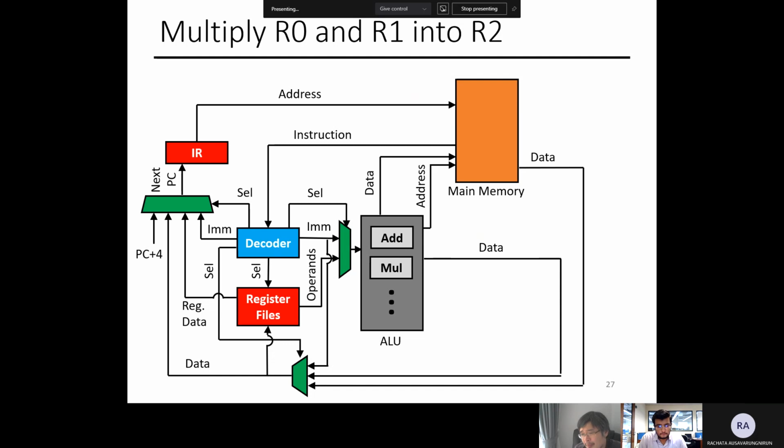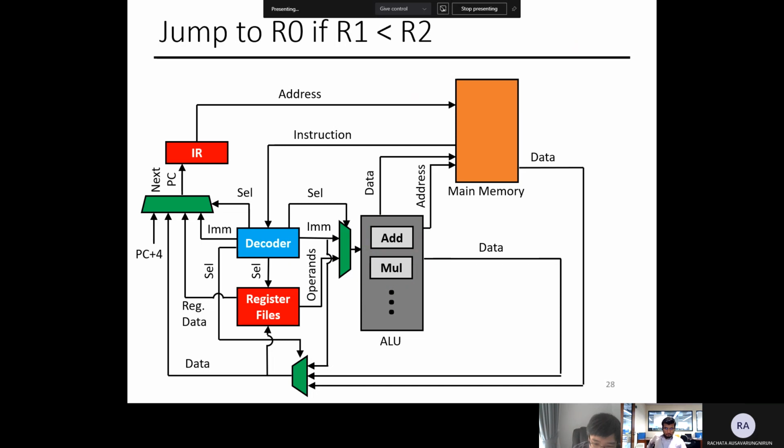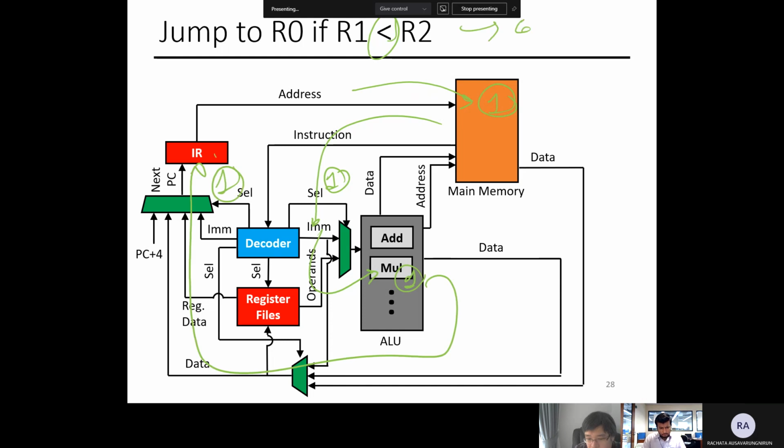And because we assume memory takes the same amount of time, this is going to be 4 cycles as well, because the only thing you change is add and multiply. If you have to do a jump, then 1 cycle here, 1 cycle here, then you have to do this comparison, so 1 more cycle here, and then you update the PC 1 more cycle, again 4 cycles, because we don't do anything with the main memory.